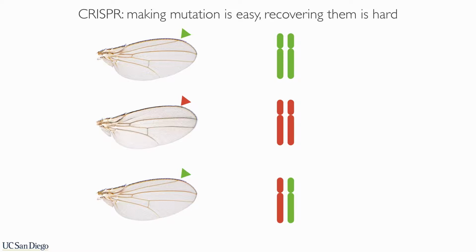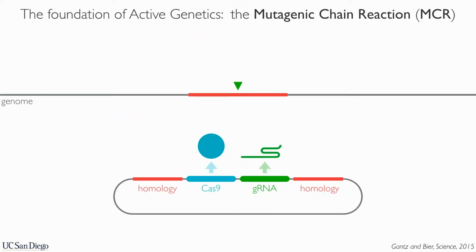So we were trying to develop a tool that would convert the other chromosome to the same condition and therefore show the phenotype right away, making this process much easier and much faster. That's how we came up with the idea of the mutagenic chain reaction, which is based on a very simple concept and the use of the two CRISPR components, Cas9 and the gRNA.